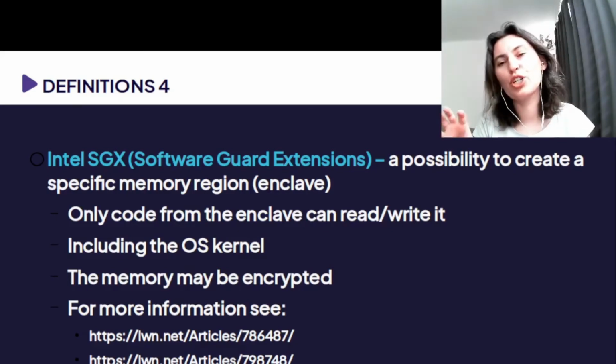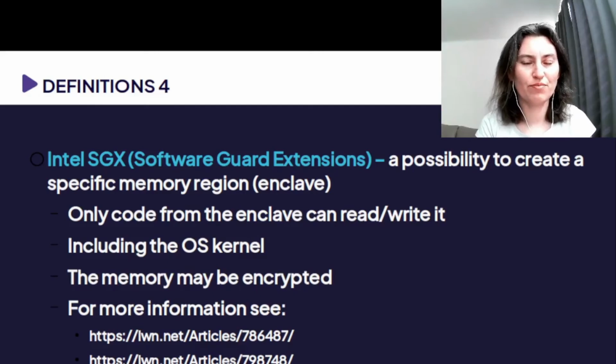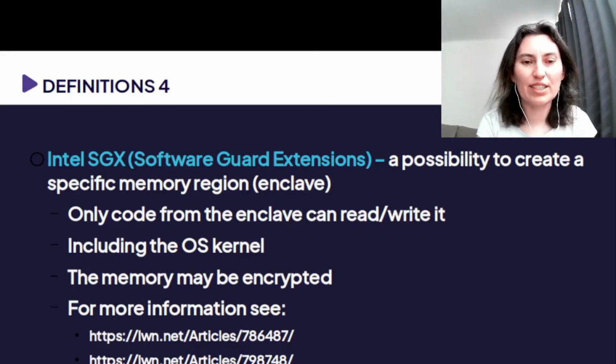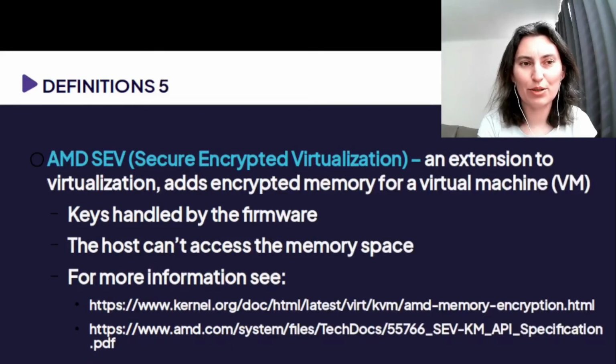The memory could be encrypted in addition. It's a kind of separate place that you can run your code from. If you'd like to learn more, there are some articles that you can look into.